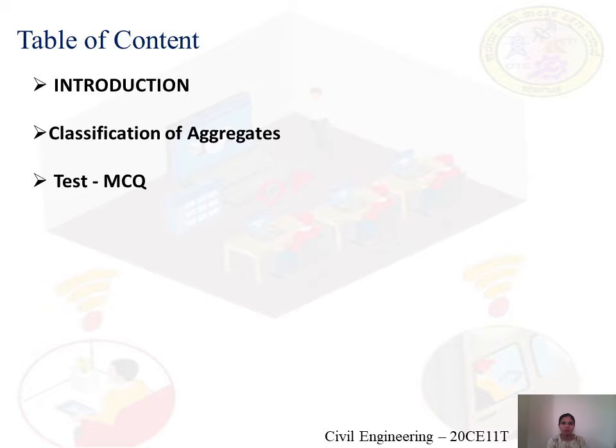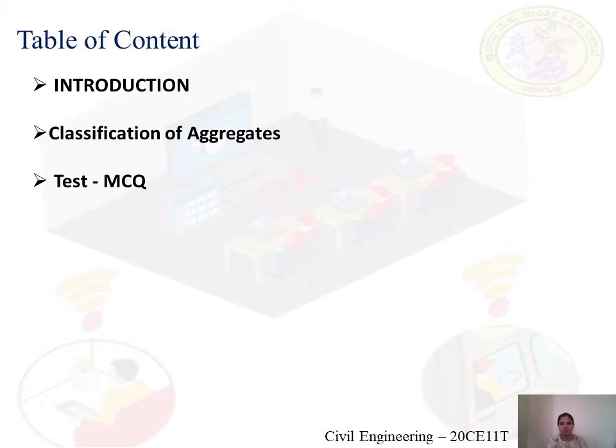There are three major constituents of concrete: binding material, which is known as cement, then water, and the third constituent is aggregates. Aggregates may be fine aggregate or coarse aggregate. Cement, when mixed with water, makes a paste. So aggregates are the solid particles other than the paste.